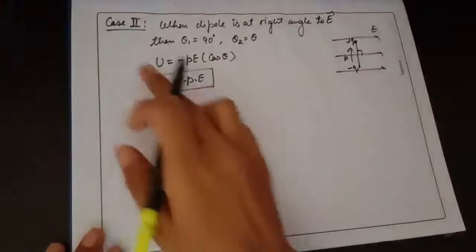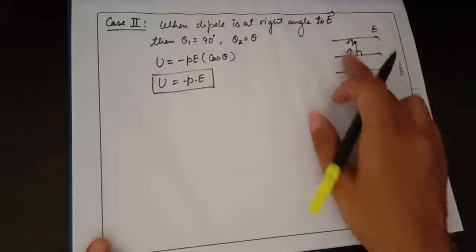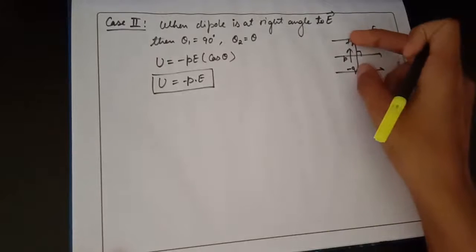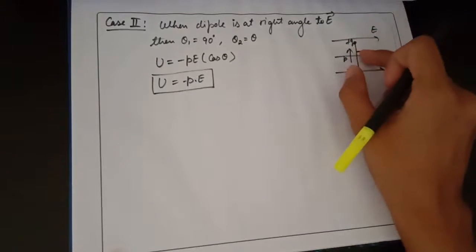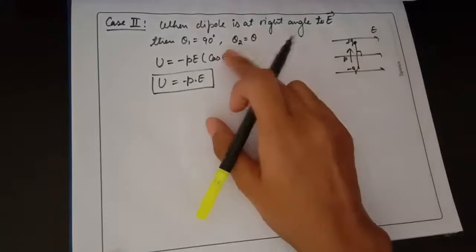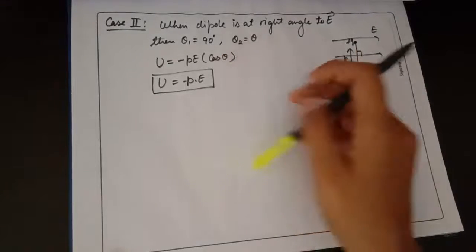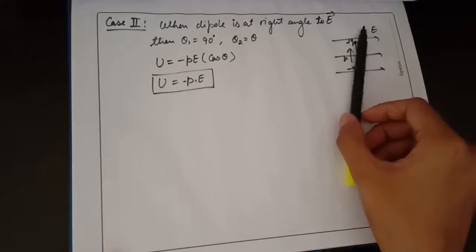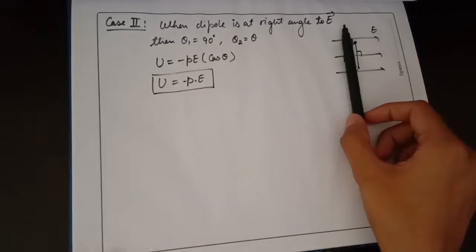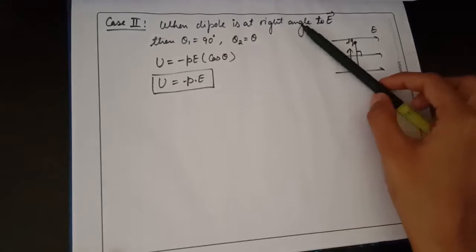Second case is when the dipole is at right angle to E. It means when the dipole is aligned like this, where theta 1 is equal to 90 degrees and theta 2, meaning I want to set it at an angle of theta. Initially it is at an angle of 90 degrees and I want to set it at some angle theta.